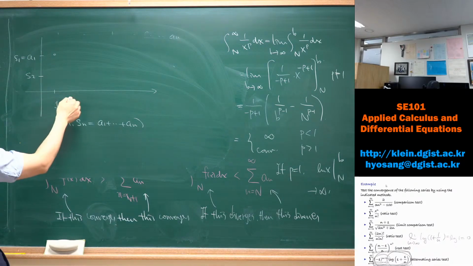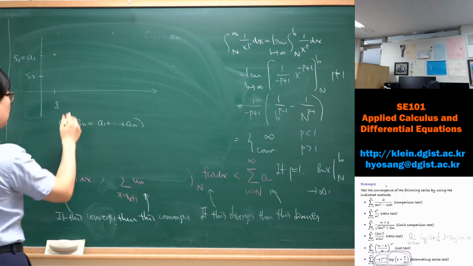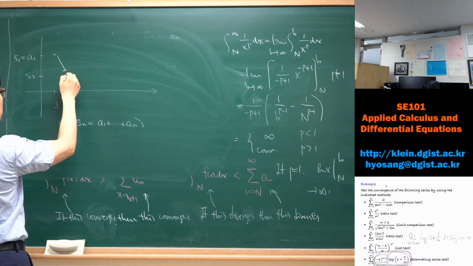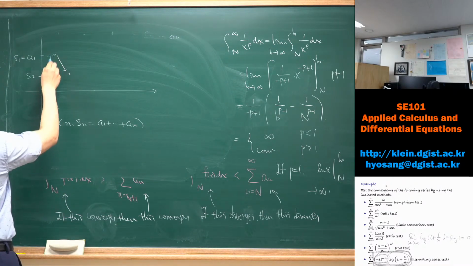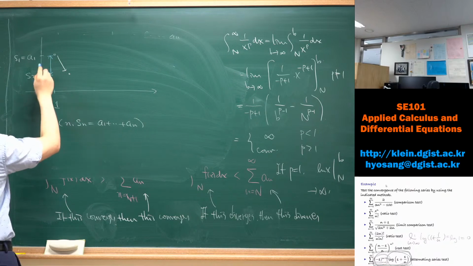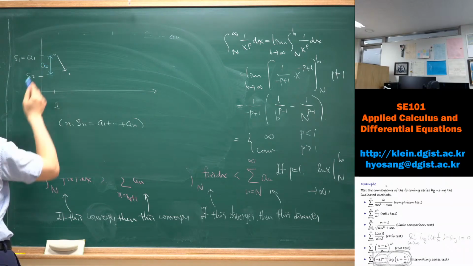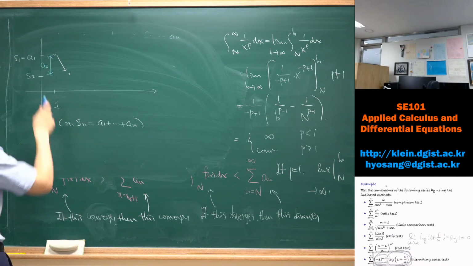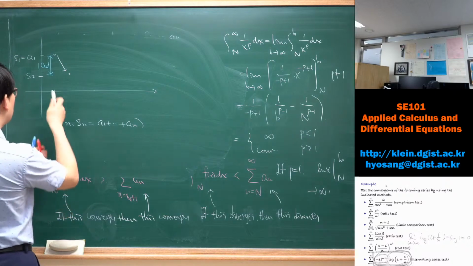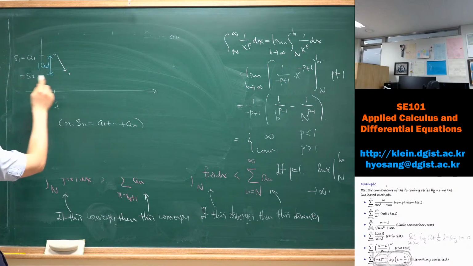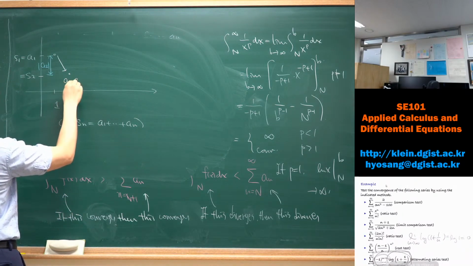So we have moved to S2 here. The difference is, to be more rigorous, negative absolute value of A2. So this is now A1 minus A2.